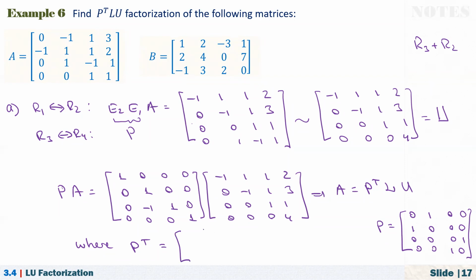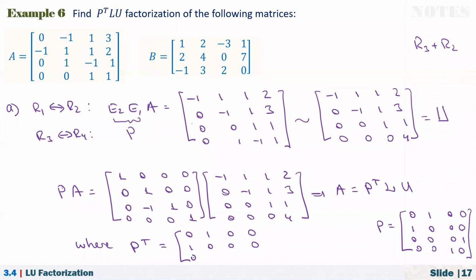So at the time the P inverse will be just the transpose of this. That is 0, 1, 0, 0. The second one is 1, 0, 0, 0. The third one is 0, 0, 0, 1. And the last one is, let me just write it nicely.